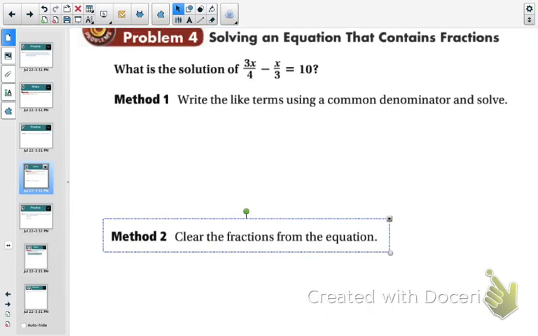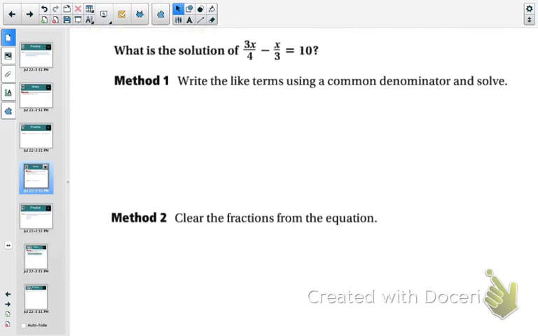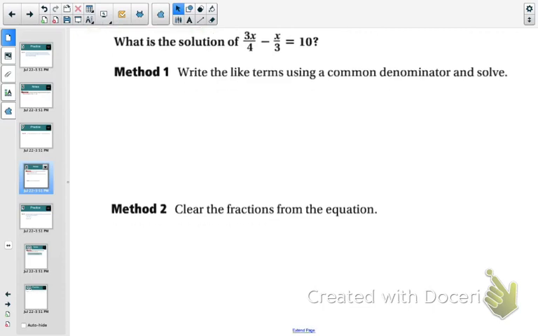Okay, so for the problems that have fractions, there's 2 ways we can do it. First way is to get a common denominator, so we'll do that as method 1. So if you look at 4 and 3, both of those numbers are going to go into the least common multiple, which is just going to be 12, because 4 times 3 is 12. So I want to make those both denominators 12. So I need to multiply this one right here by 3, which means I need to multiply the top by 3 as well.